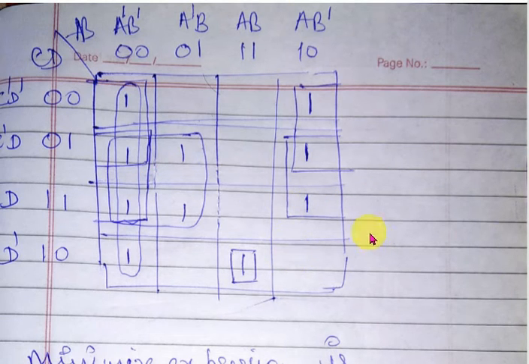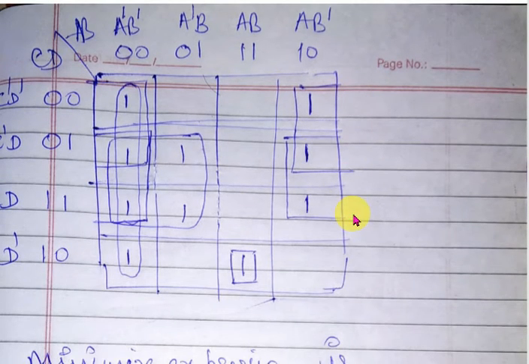Now we will look at the basic blocks and search for the variables which occur in itself and complemented form. Neglecting these, we will find the minimization of the expression. We can find the minterm.